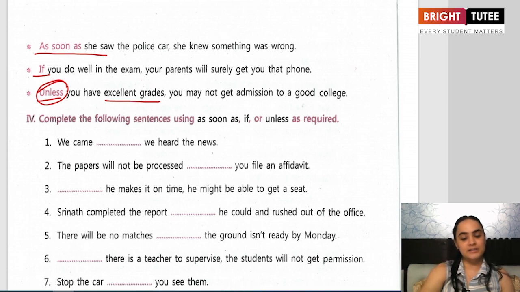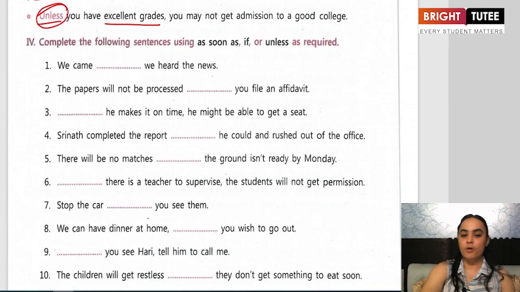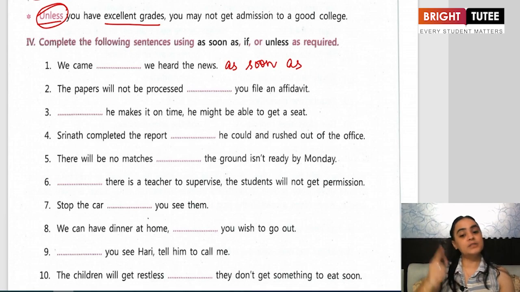So, now let us look at the questions given below and try and solve them. We came as soon as we heard the news immediately. So, as soon as we heard the news. The papers will not be processed unless you file an affidavit.